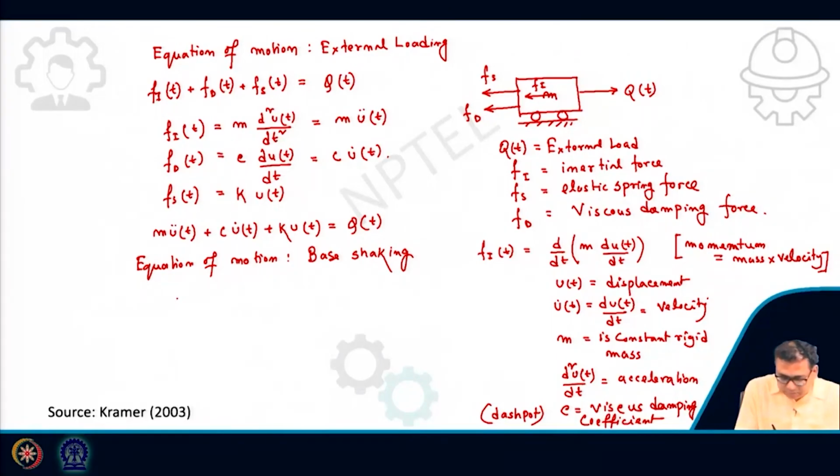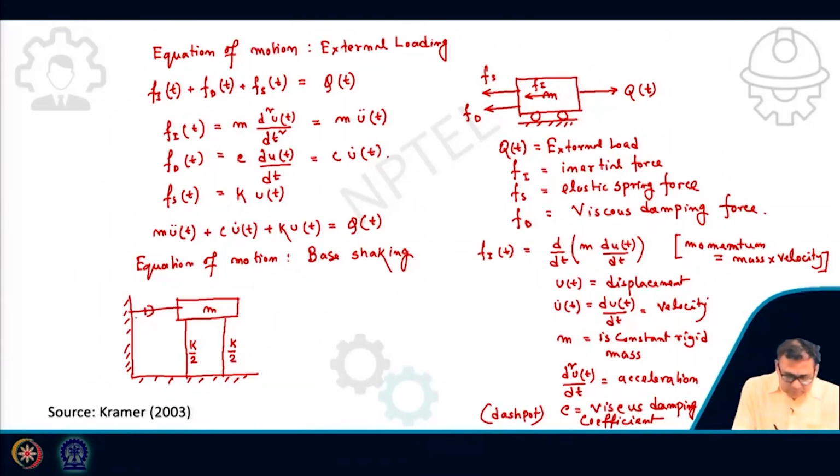This is your mass, and these are your springs, k by 2 and k by 2, and this is your dashpot. Now, when there is base shaking, what will happen?